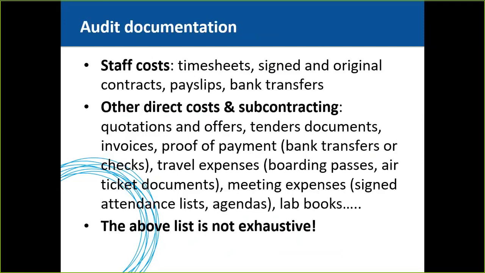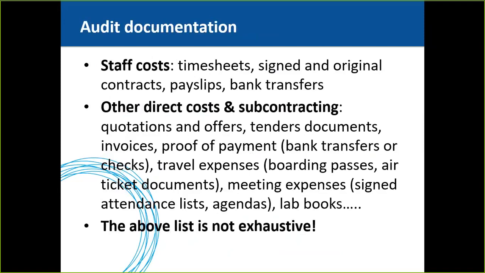So these are some of the documents that you need to keep in case of an audit. When it comes to personnel costs, we recommend that you keep dated and signed timesheets, the original and signed contracts of the persons that worked on the project or are working on the project, pay slips, and any proof of payment of the salaries, such as bank transfers or checks.